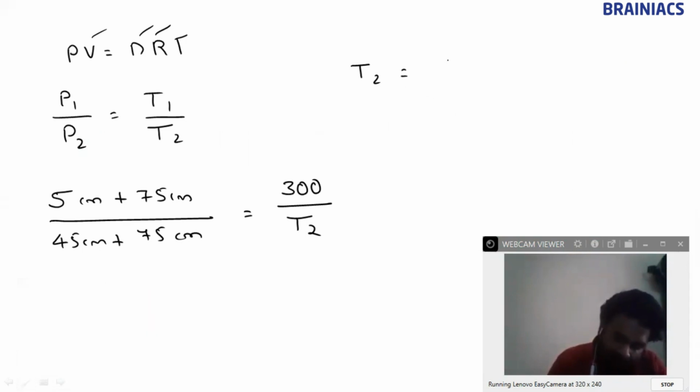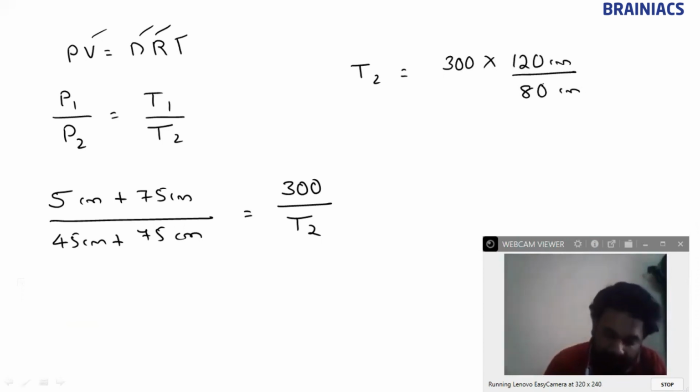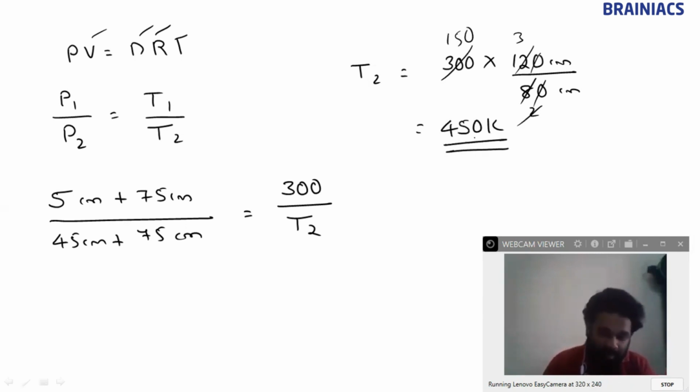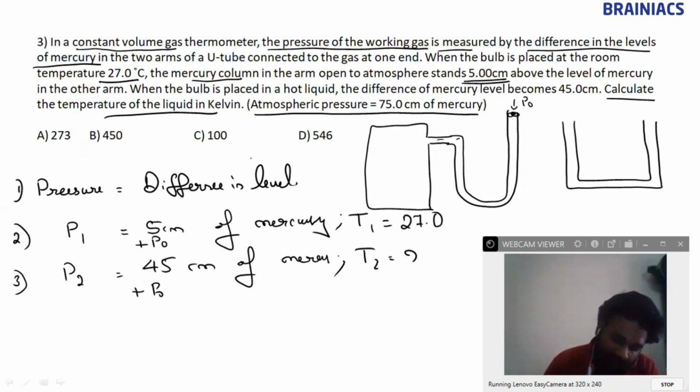T2 is equal to 300 into 120 centimeter divided by 80 centimeter. So 0 can be cancelled. So this is 2, this is 3. This is 150. Then that into 3 will become what? 450 Kelvin. So this is the answer for this question.